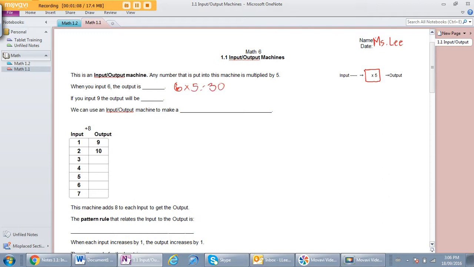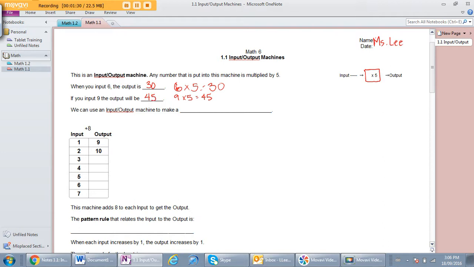So my output is 30. If I input the number 9, I'm going to think, well, 9 times 5 is 45. So if I put the number 9 into my machine, multiply it by 5, I get an output of 45.